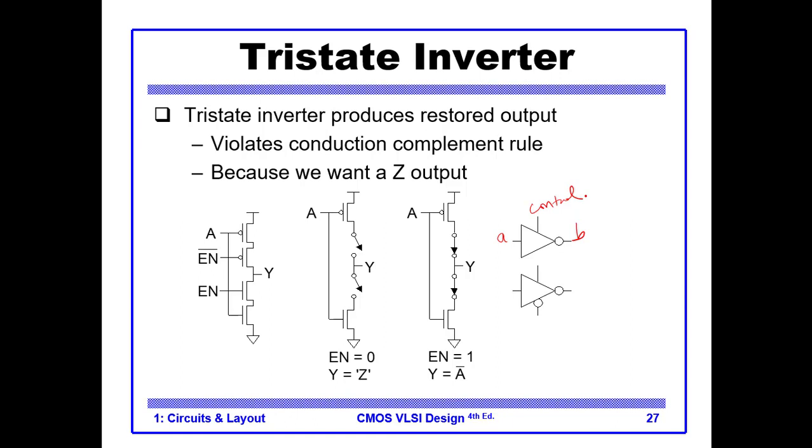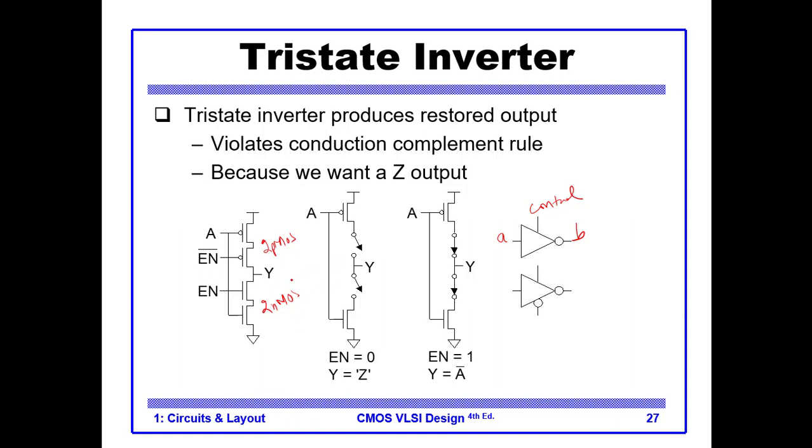So you want this Tristate inverter circuit. How can we build this? We can build this by combining 2 PMOS and 2 NMOS transistors.